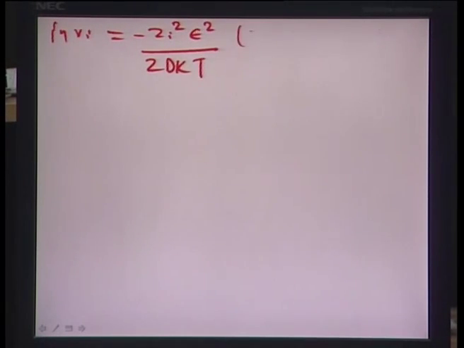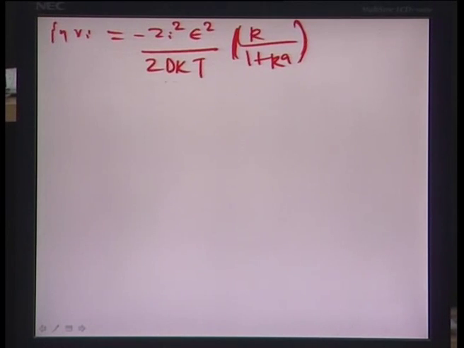Natural log of gamma I, the activity coefficient, also came equivalent to minus Zi square epsilon square by twice D kT into the counter ionic radius kappa by 1 plus small kappa times A. A here was the ion size parameter. It is an indication of tentatively what is the size of the central ion of interest.